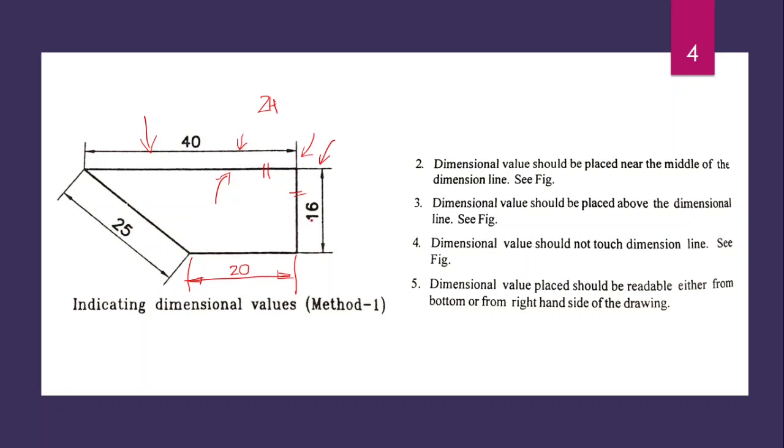But when dimensioning the vertical edge, the dimension line is also vertical, but the lettering or dimensional values are always on the left hand side, LHS, of the dimension line.